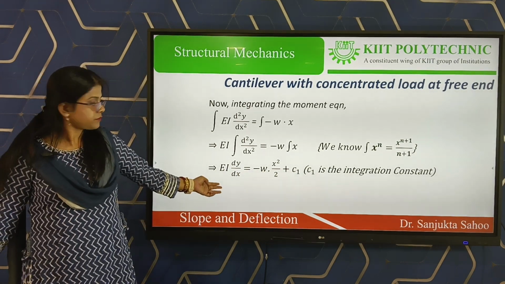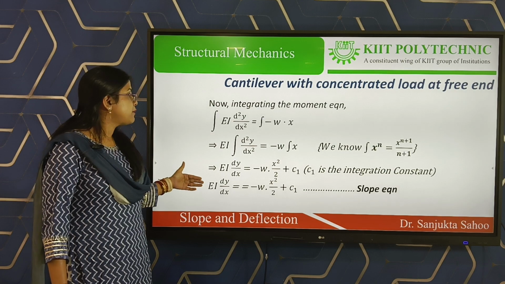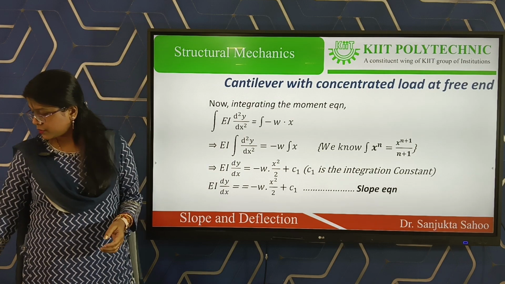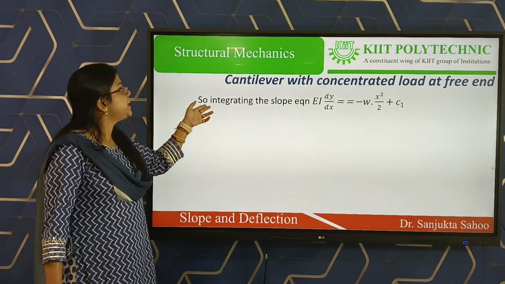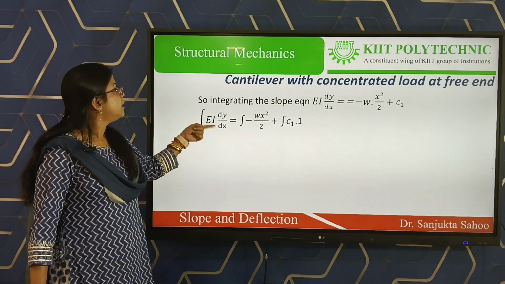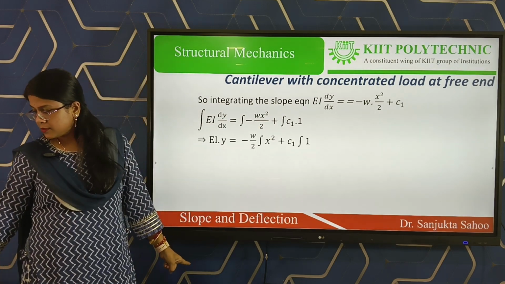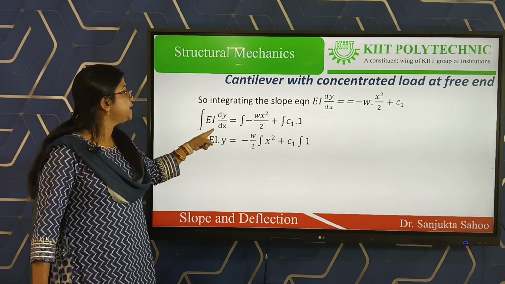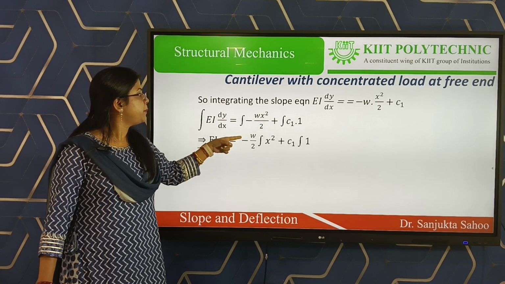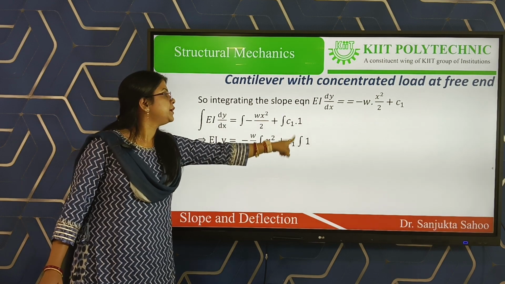So, this is the slope equation we got. Now, after getting the slope equation, we need to integrate it again to get the deflection equation. So, integrating the slope equation, we can put the integration sign in every term, and we find that EI integration of dy by dx is EI y, which equals, keeping W by 2 constant outside, minus W by 2 integration of x² plus C1 integration of 1.